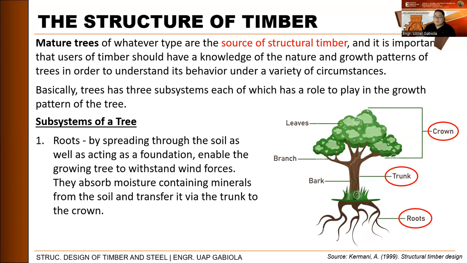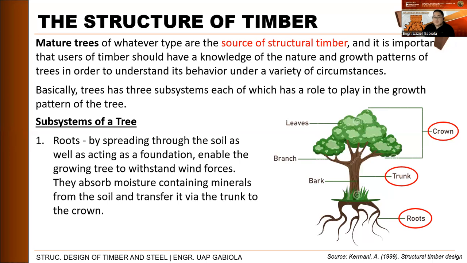So, mainly, roots are responsible for keeping our trees in place, especially when a typhoon strikes our country. They are the main part or subsystem of our tree and help determine how strong it is against wind forces.